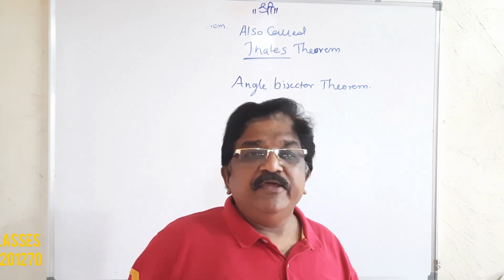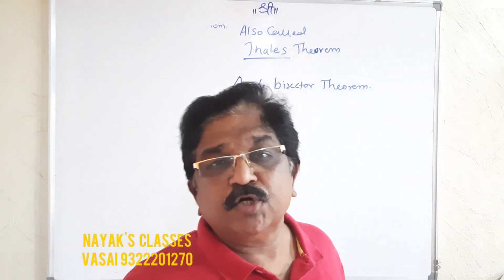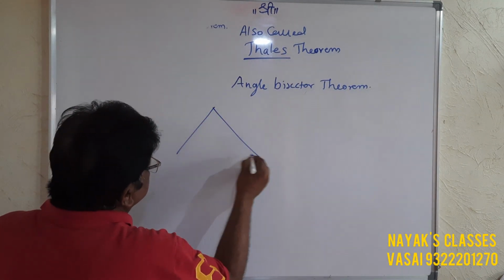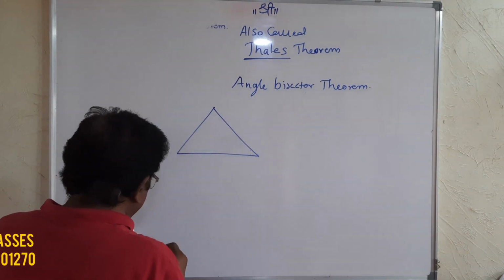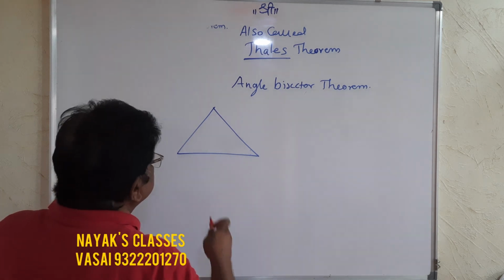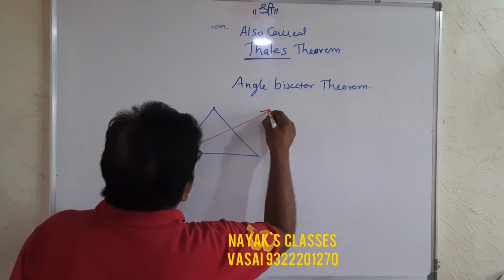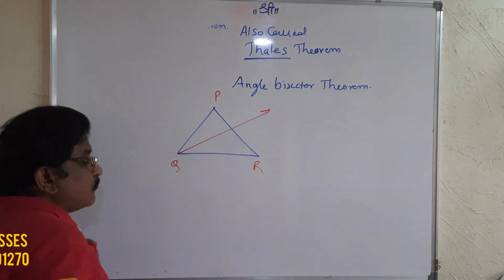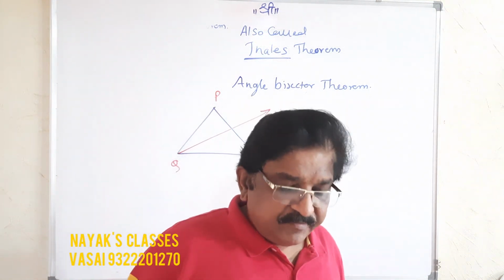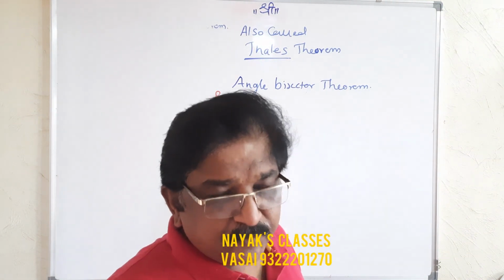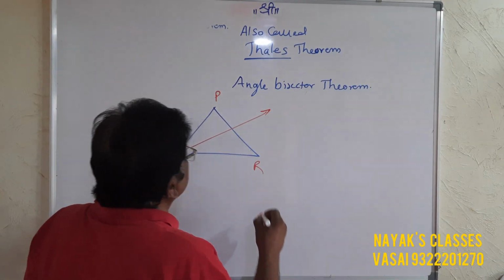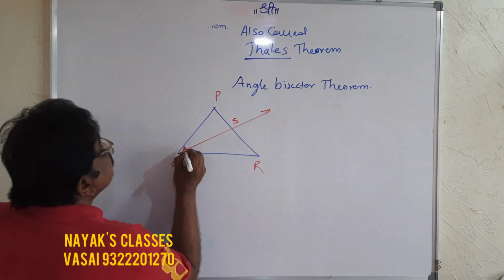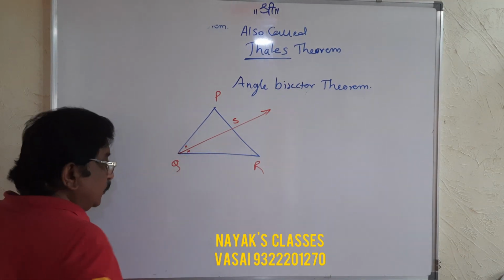In this, they will give you an angle bisector of a triangle. Triangle PQR is given and suppose QS is an angle bisector. These two angles are congruent.